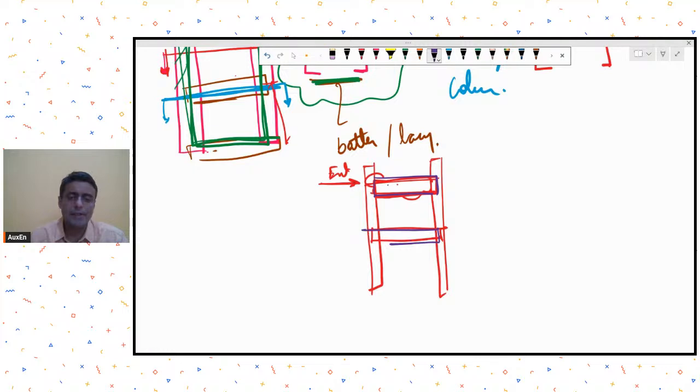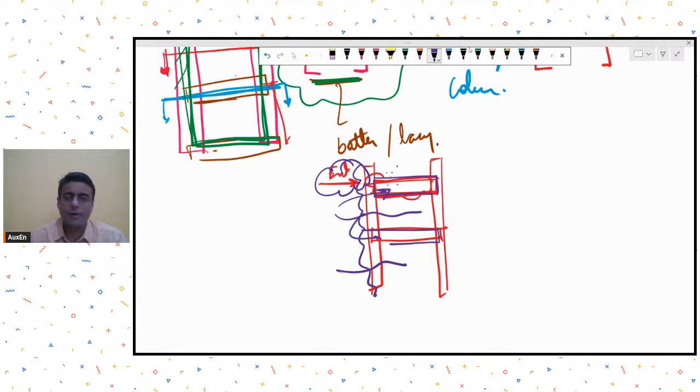Very easy in battens. I'll just take the entire external force and assume that it directly goes to this. Maybe I'll do a half and half, because there is a batten on the other face also. Or if there is a UDL type of force, depending on the tributary area, I can easily calculate how much force gets transferred to this batten.